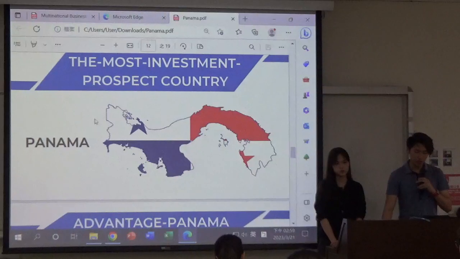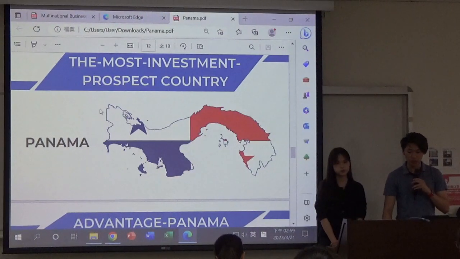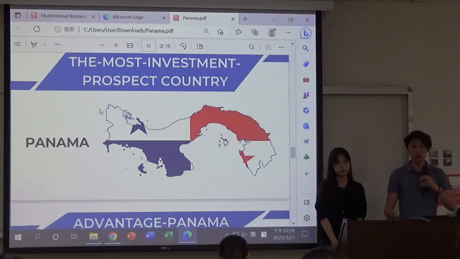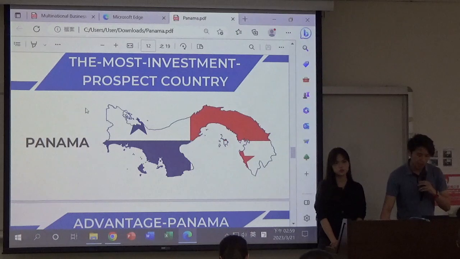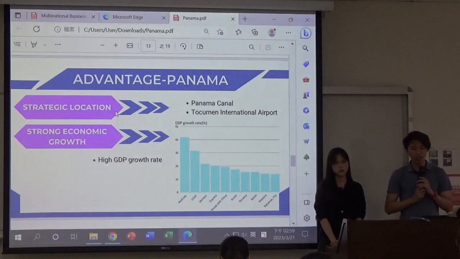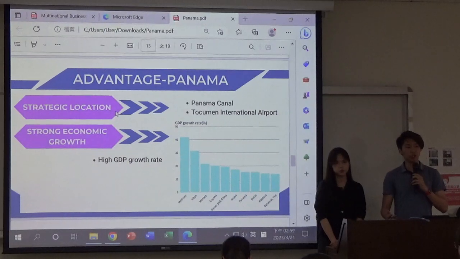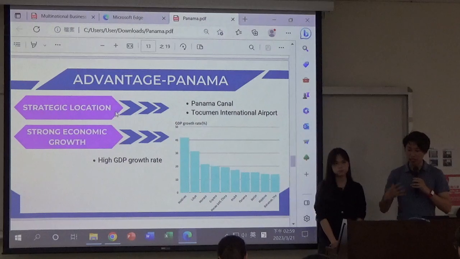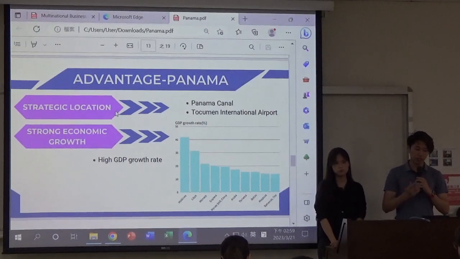But let's talk about Panama. This is our country of choice due to its vast number of regions, notably what people know it for, the Panama Canal. Talking about Panama's location, they have amazing infrastructure, not just for supplies, but also for international imports and exports with the Panama Canal, as well as the airports.